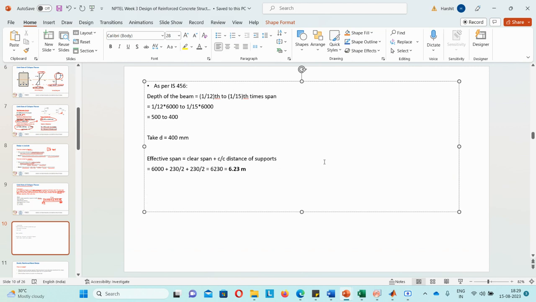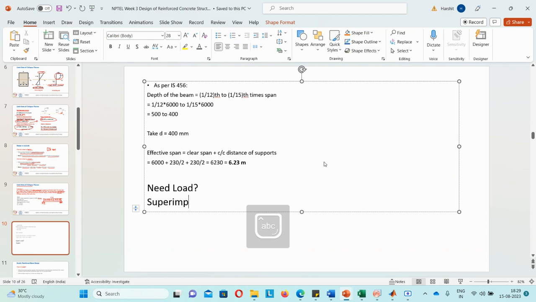Now we need to calculate moment, but before calculating the moment we need load. Okay, so superimposed load is given to us, that is 12 kilonewton per meter.